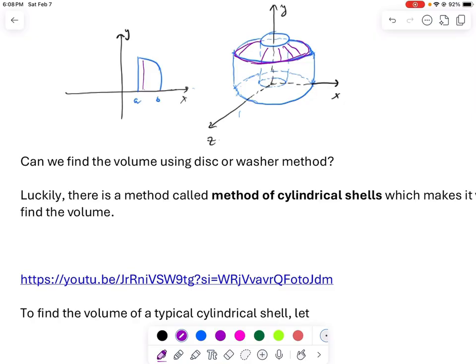We'll partition it like this: x sub 1, x sub 2, and so on. Let's say there is a kth interval, which has one endpoint x sub k minus 1 and the other endpoint x sub k. I will take it separately over here.